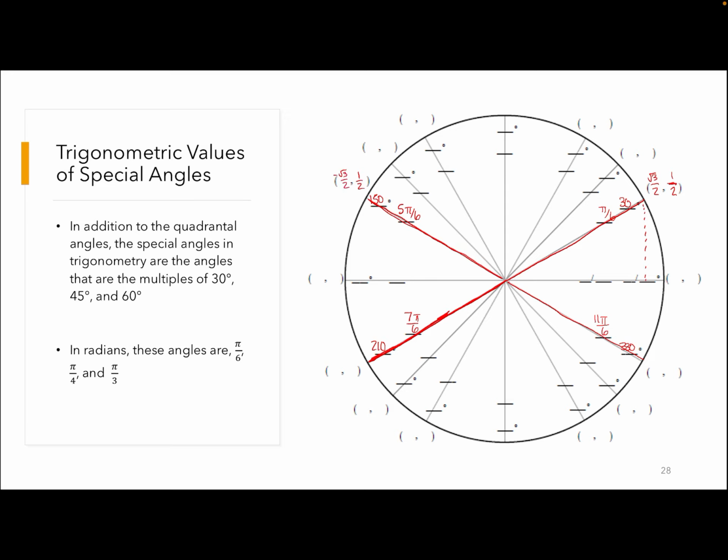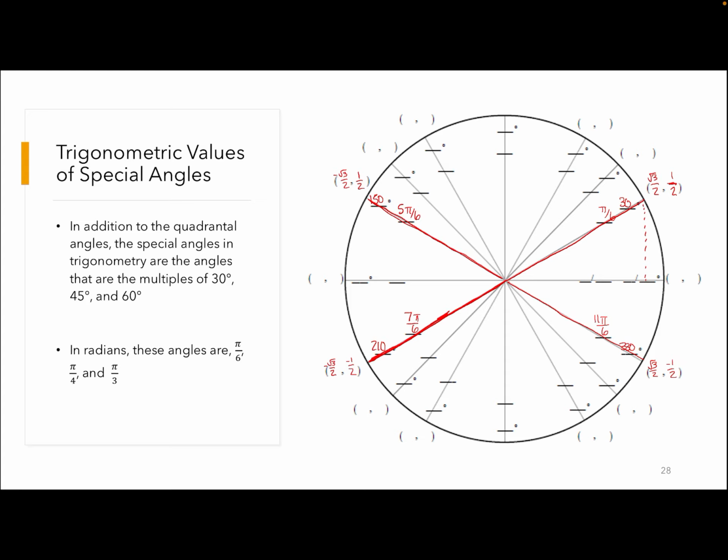For 210 degrees, we're going to have the x is negative and the y is negative. So we're going to get negative square root 3 over 2 for the cosine value and negative 1/2 for the y value. In quadrant 4, the x is positive and the y is negative. So we're going to get square root 3 over 2 and negative 1/2.